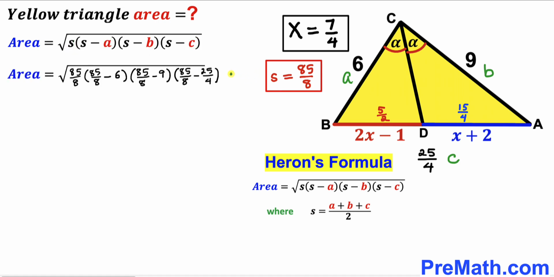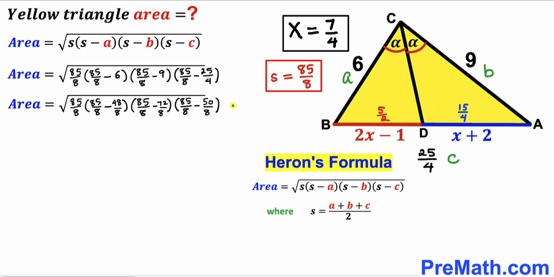As you can see in this next step, I have substituted all those s values over here, and likewise our a, b, and c values as well. Now I am going to tweak this 6. I can write this 6 as 48 divided by 8. Likewise this 9 could be written as 72 divided by 8, and this 25 divided by 4 could be written as 50 divided by 8, as you can see in this next step.